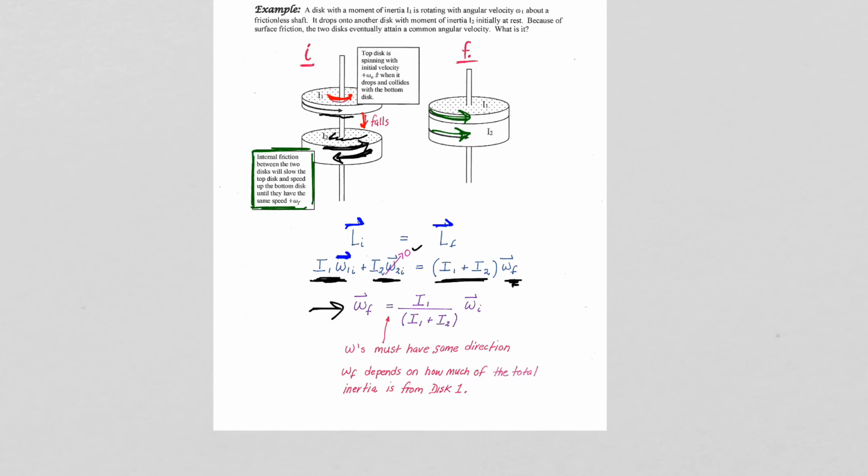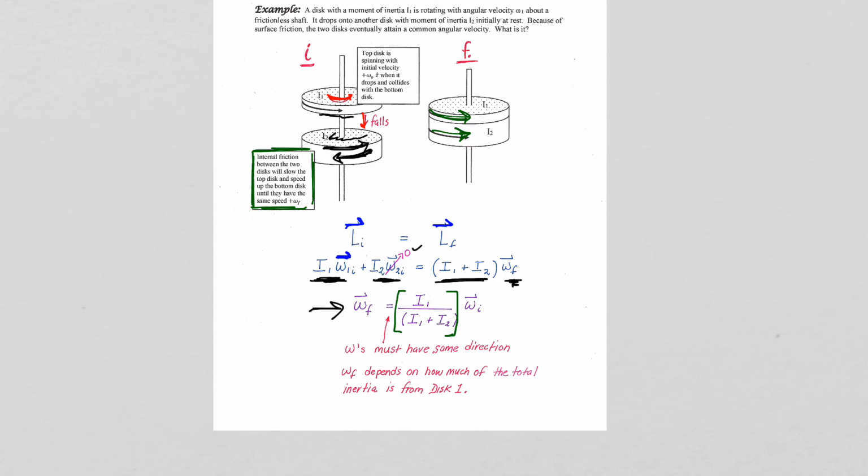And the other aspect of this would be how the final velocity depends on the mass of the objects. The mass will affect the inertia because if it's a disk, 1/2 mr squared. And you can see here, this term in the middle tells us how the inertia is going to affect the final velocity.